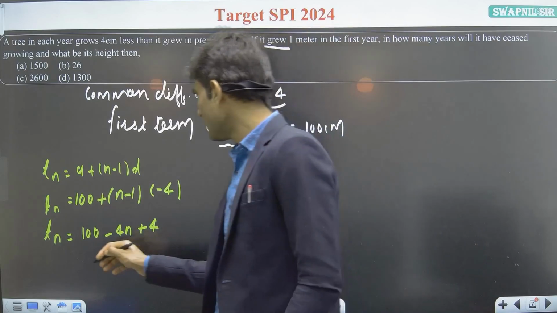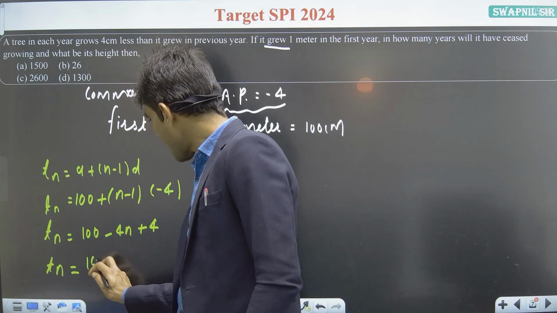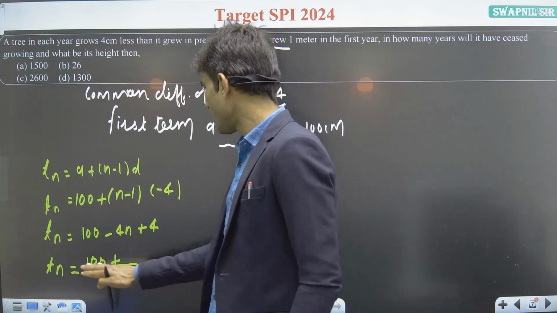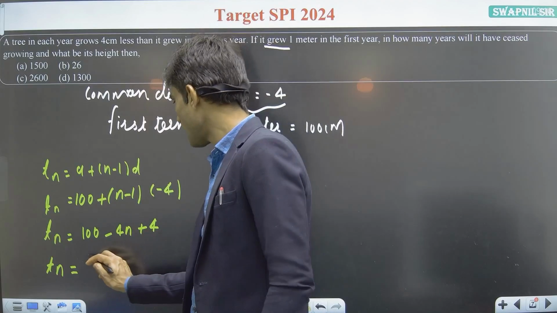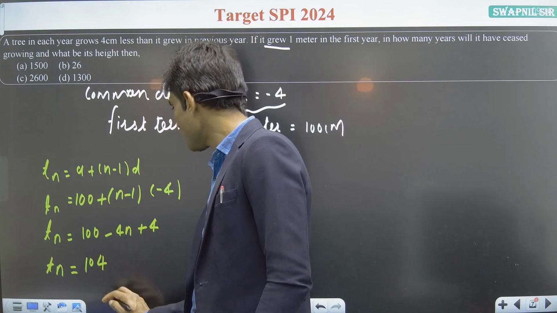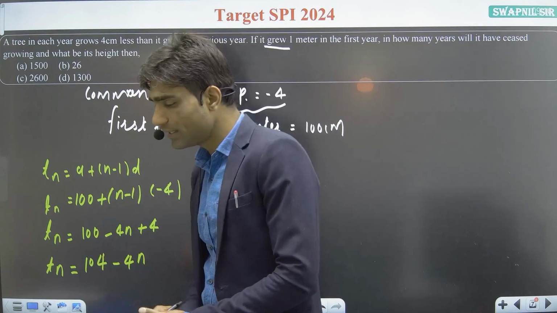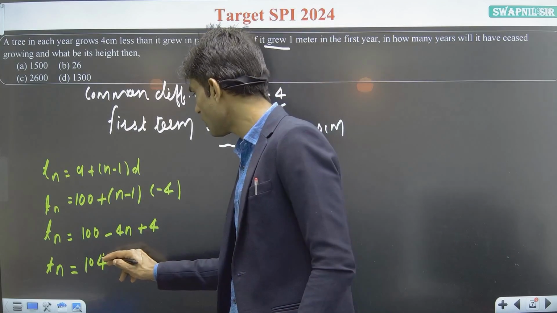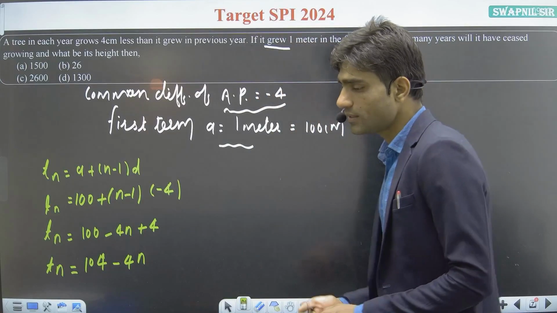So we can write Tn as 100 plus 4, which is 104, and minus 4n. This is the nth term of our arithmetic progression, which is 104 minus 4n.